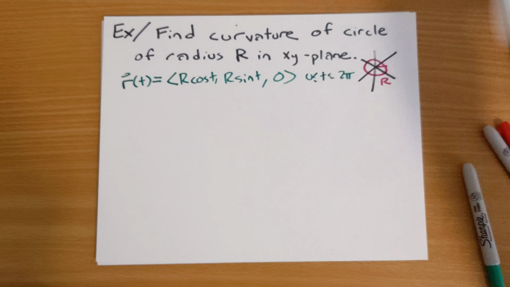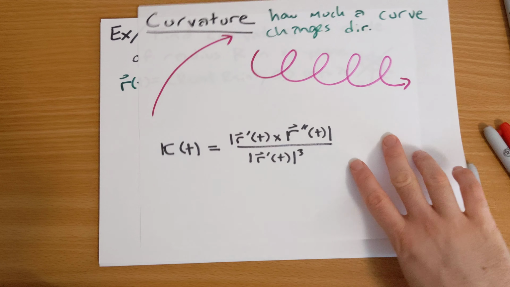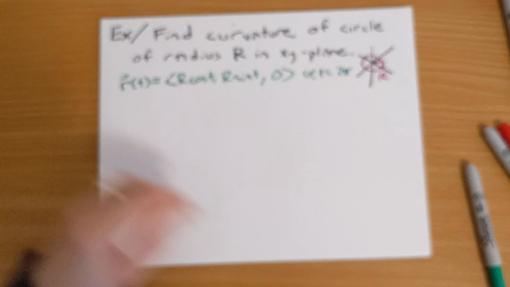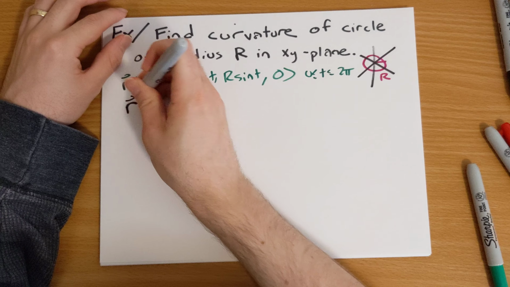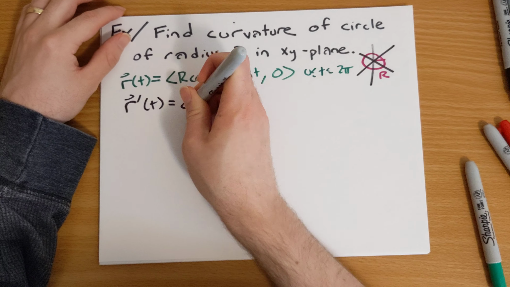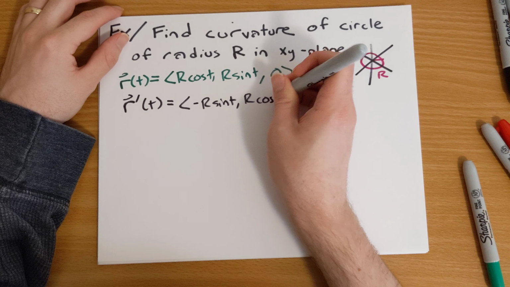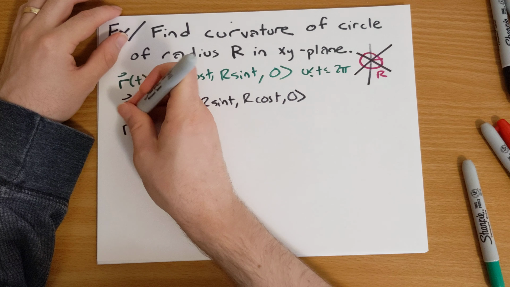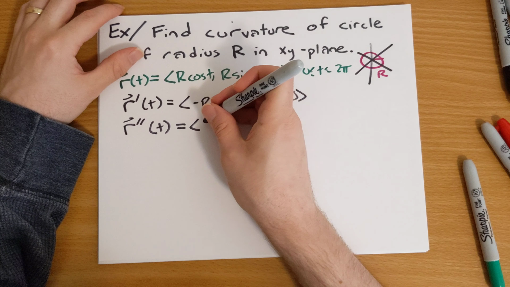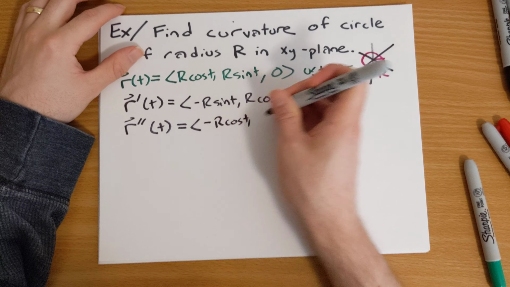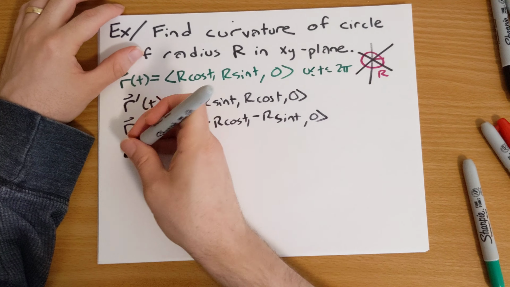Okay, what do we need here? r prime of t, r double prime of t, their cross product, and some magnitudes. So let's start getting these crunched out here. r prime of t is negative r sine t, r cosine t, and 0. r double prime of t is going to be negative r cosine t, negative r sine t, and 0.